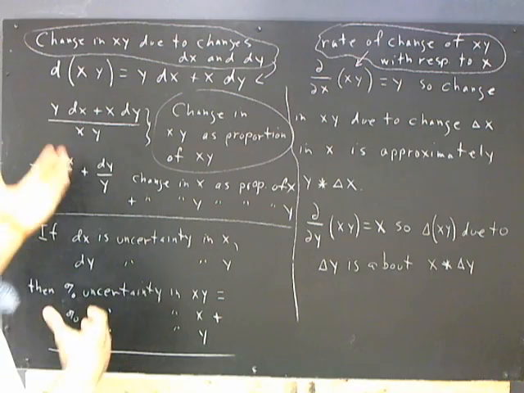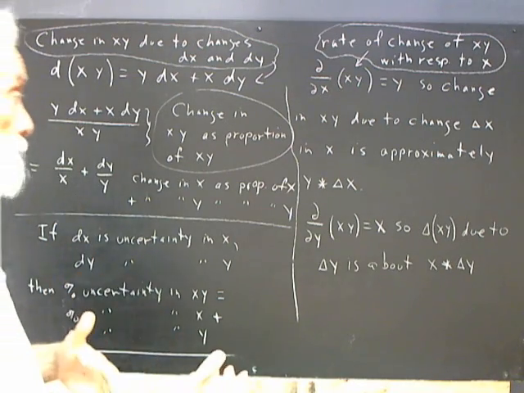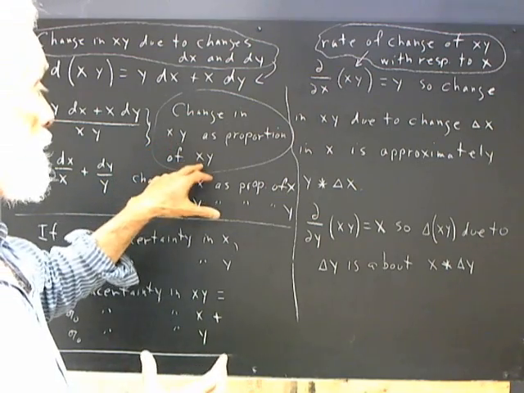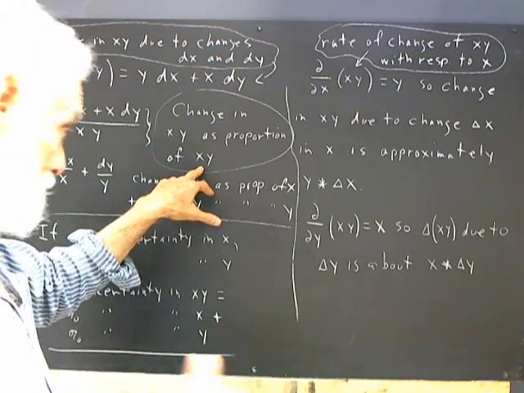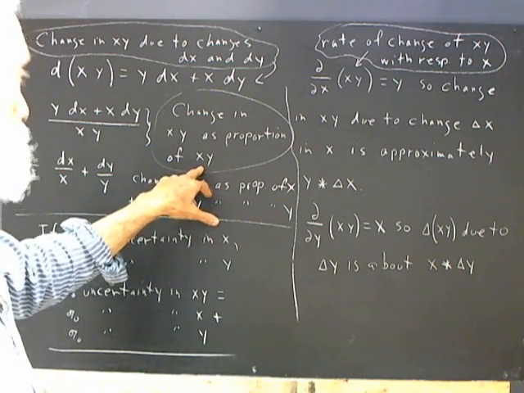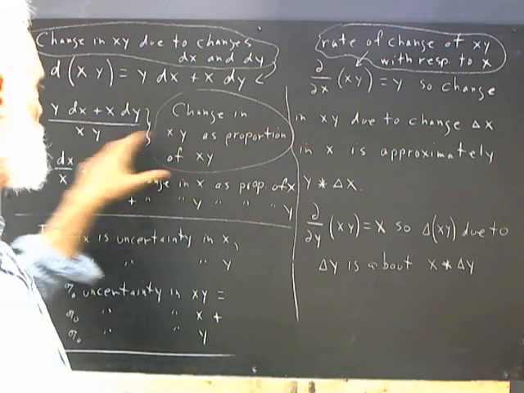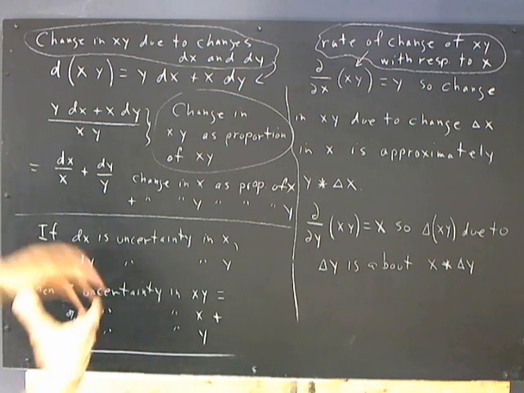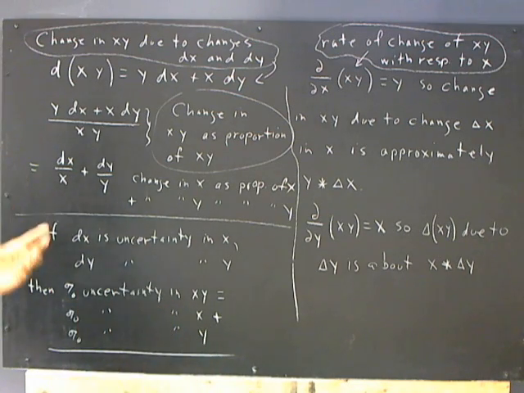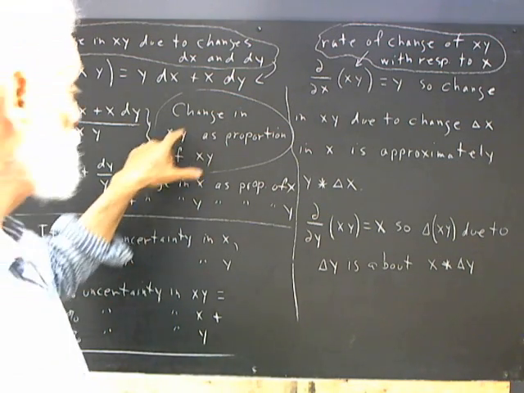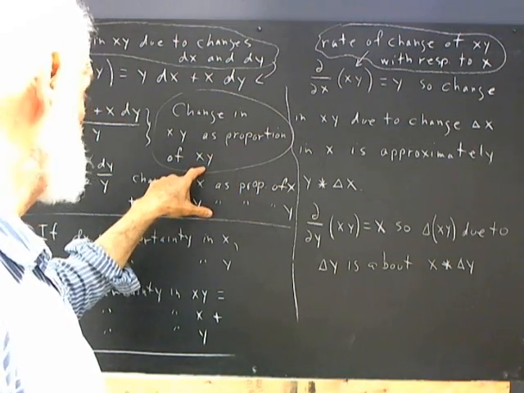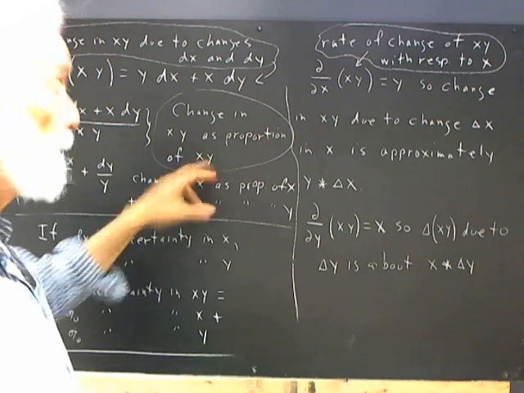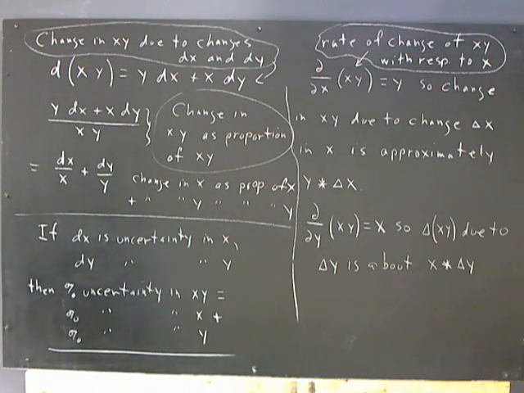And if we multiply that result by 100%, we get the percent change in xy as a percent of xy. We can think of this kind of as a percent change. We haven't really done the percent. We haven't multiplied it by 100 to get the percent. But this is a change in xy as a proportion of xy. To get the change in xy as a percent of xy, we'd multiply it by 100%.